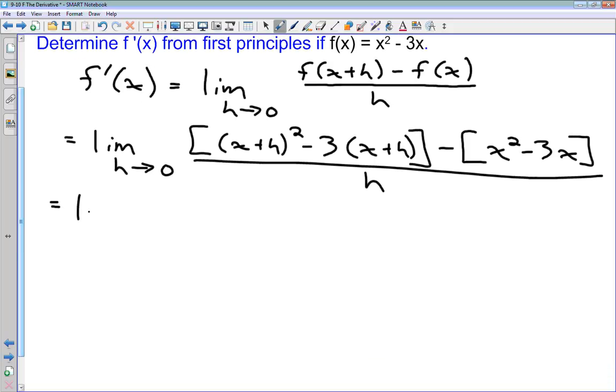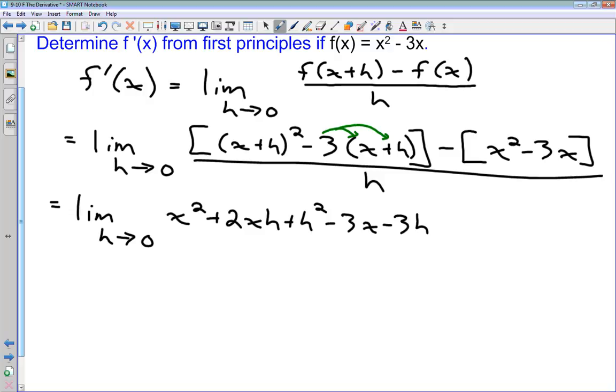Next up, I want to start trying to simplify this. Still taking the limit as h goes to 0. In this first big square bracket here, I can expand that binomial to get x squared plus 2xh plus h squared. I can distribute this negative 3 to both of those terms in there to get negative 3x minus 3h. And I can also distribute this negative sign here to every term in this second square bracket.